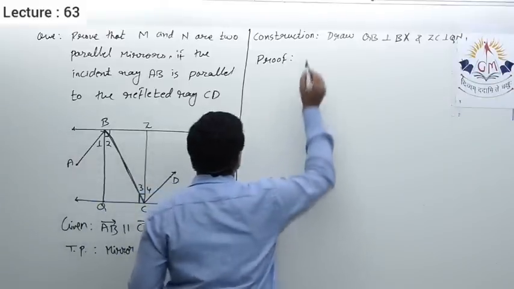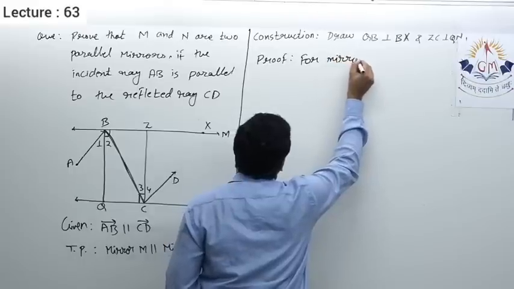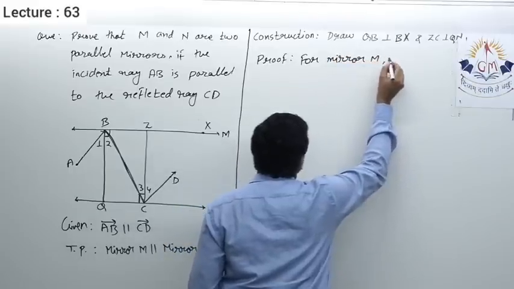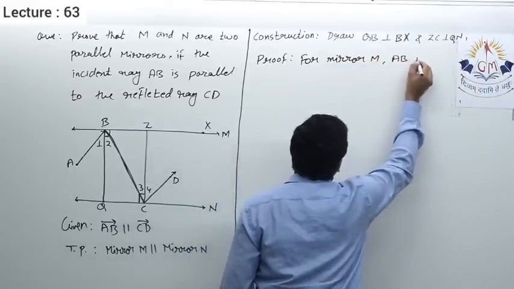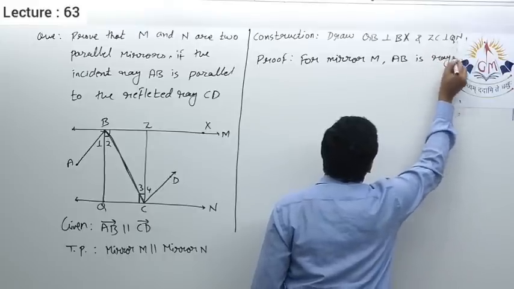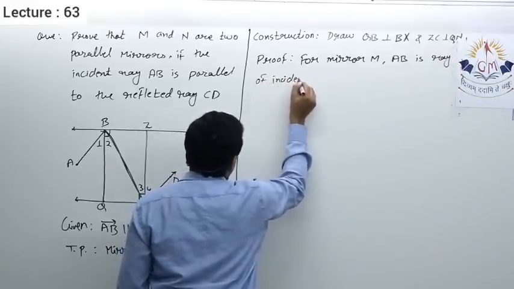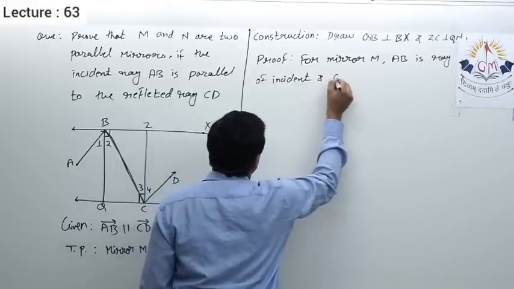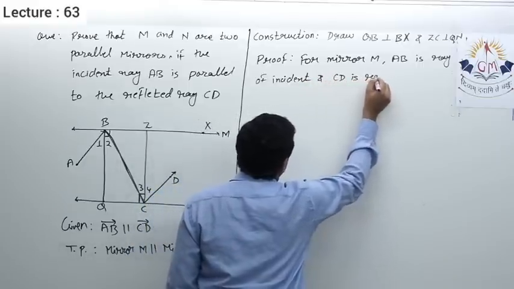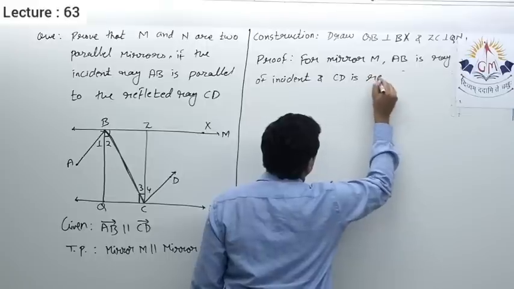So for mirror M, AB is the ray of incidence and BC is the reflected ray.